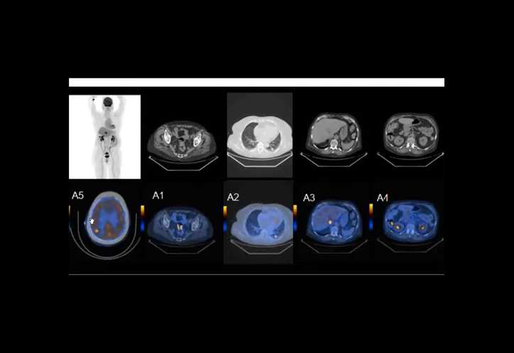And in the brain, it's not easy to detect the cortical lesion or subcortical lesion because the cortex, the gyri of the brain usually take high uptake, right? But you can see that there is something here, right? So what do you think about it?